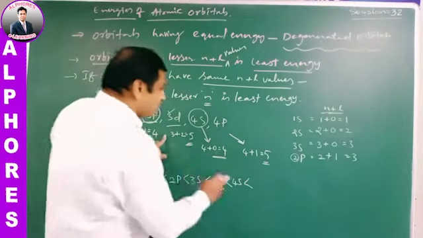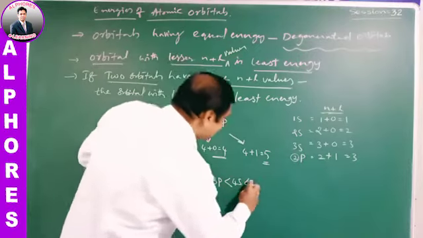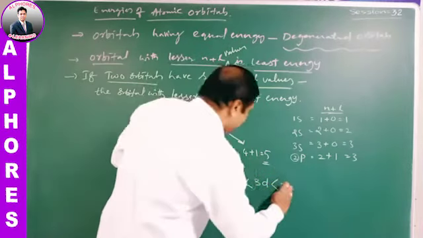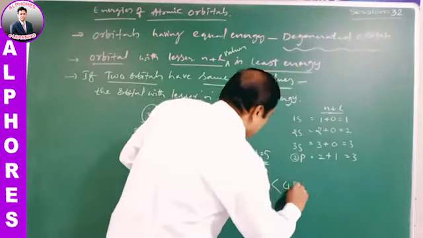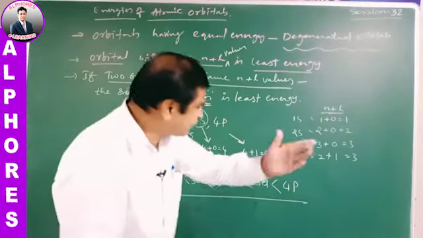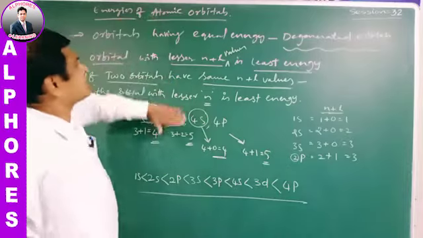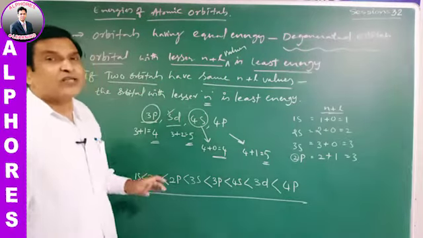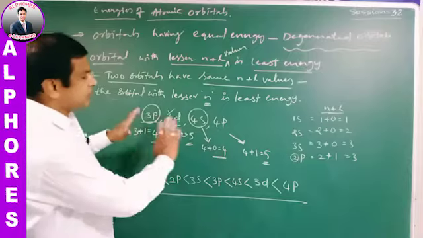So 4s is less than 3d, then 3d is less than 4p. Like that we can arrange all the atomic orbitals in increasing order of their energies based on these fundamentals.